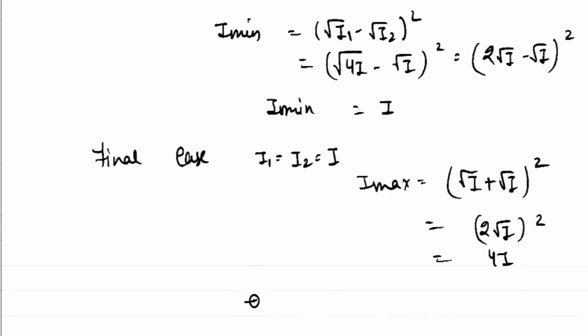Now if we find I min, then we have under root of I minus under root of I, whole square, which equals 0. So the intensity of the dark point is 0.